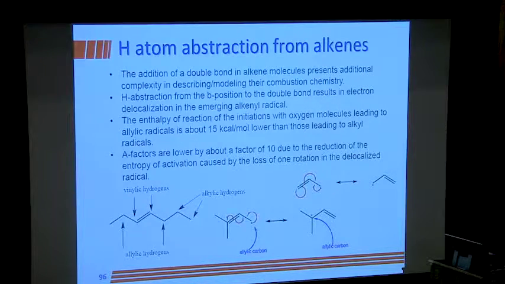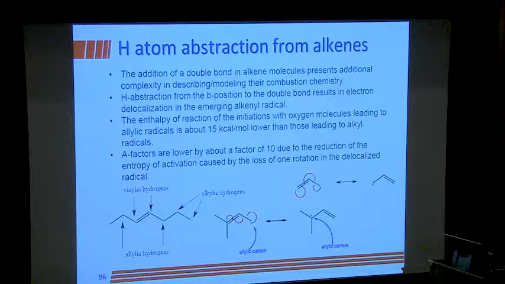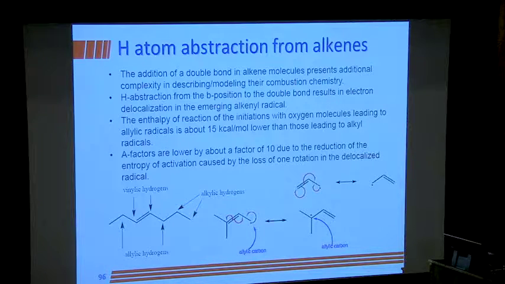Typically the enthalpy of reaction of the initiations with oxygen molecule leading to allylic radicals is about 15 kilocalories per mole lower than those leading to alkyl radicals. So A factors are lower by about a factor of 10 due to the reduction in the entropy of activation caused by the loss of one rotation in the delocalized radical. I'll be talking about that a little bit later.